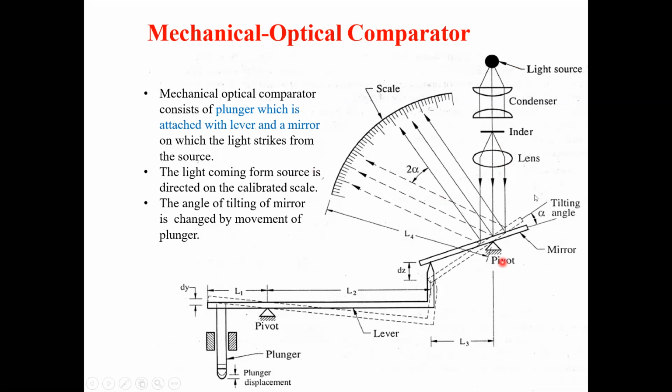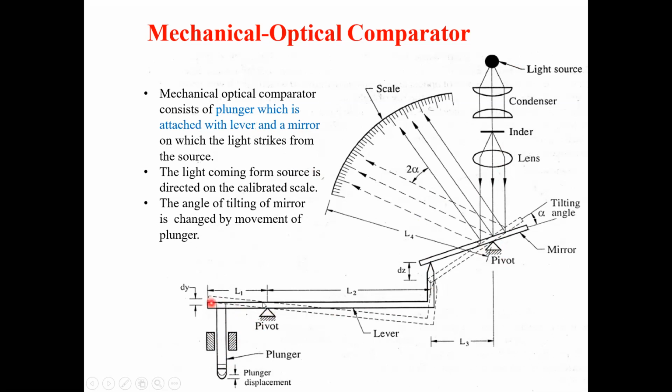Here we discuss the construction of this mechanical optical comparator. The plunger is attached to one end of the lever. The other end of the lever supports the mirror. The mirror is pivoted at this point and can rotate about it, and the lever can rotate about its own pivot.